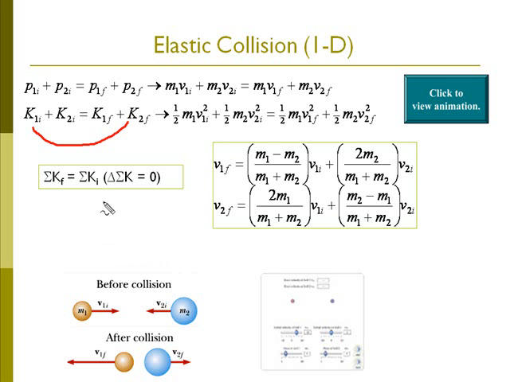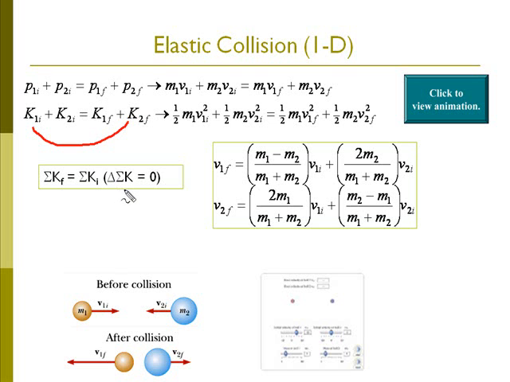One other thing that we need to say about conservation of kinetic energy, what it really means is that there should be no change in the kinetic energy of the system, so that if we are asked how much kinetic energy was lost in the system during the collision, or possibly gained, the answer would be none.